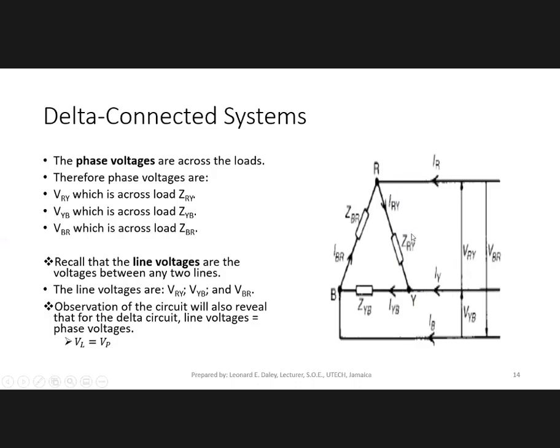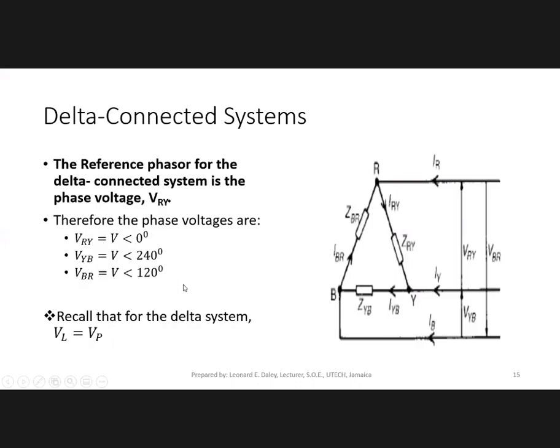The phase voltage is equal to the line voltage. So for the delta circuit, VL is equal to V phase.